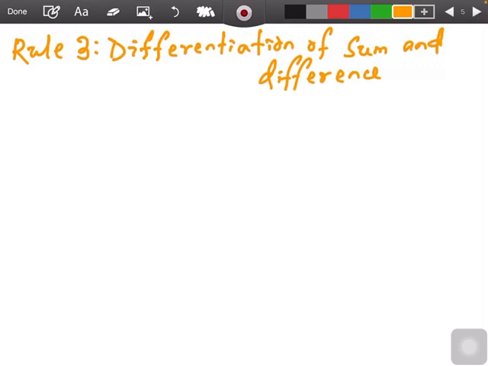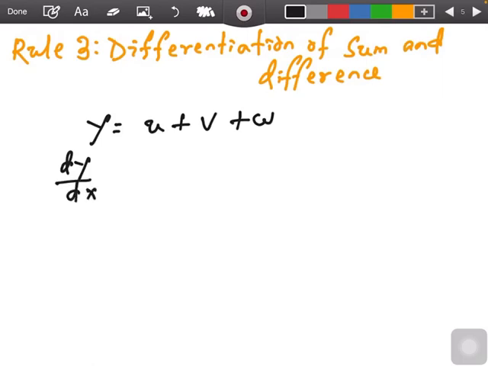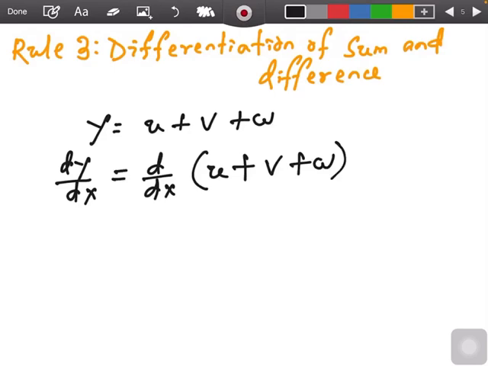Suppose y is equal to u plus v plus w, then dy by dx will be d by dx of u plus v plus w.